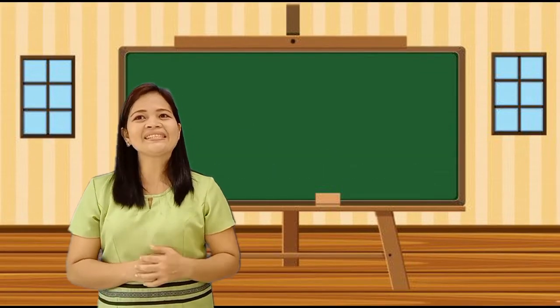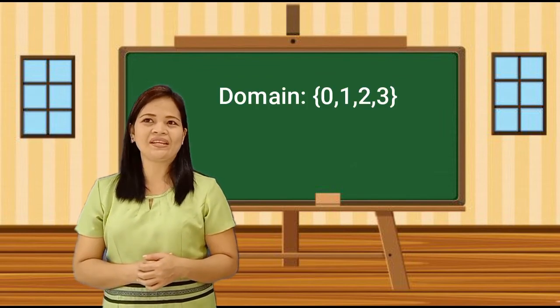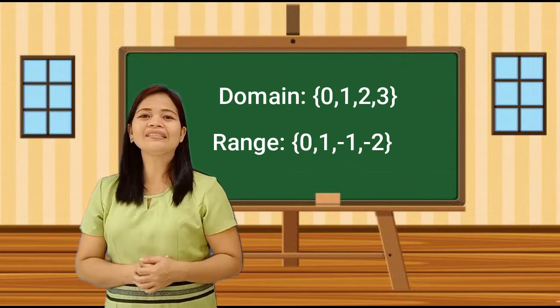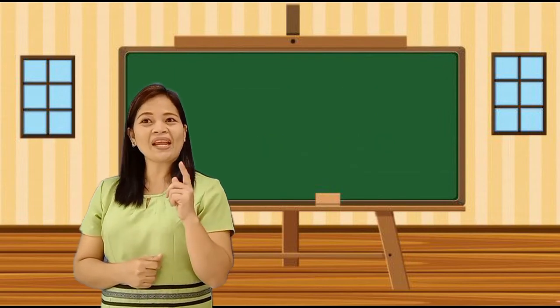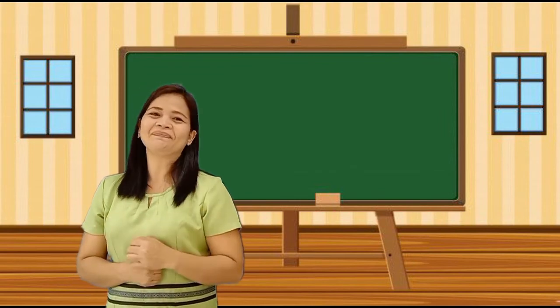The domain is the set containing 0, 1, 2, and 3, while the range is the set containing 1, 0, negative 1, and negative 2. Were you able to get the same answer? You are really awesome!